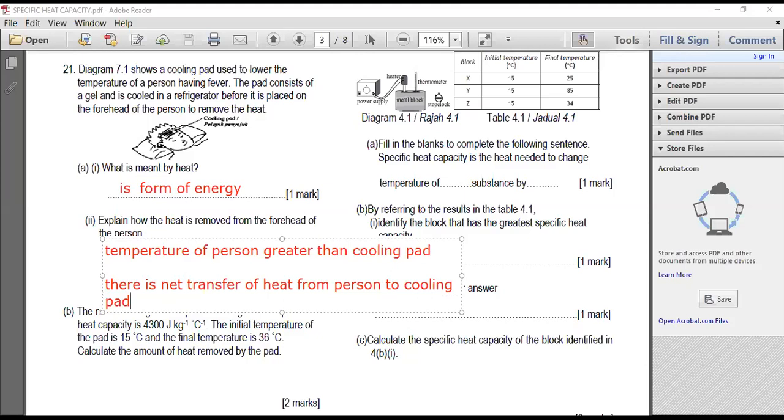So because of that, there is net transfer of heat from the person to the cooling pad.